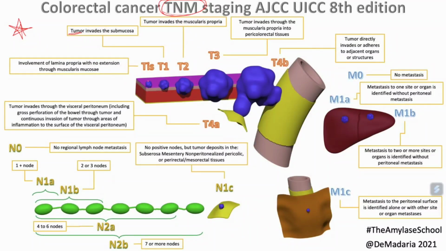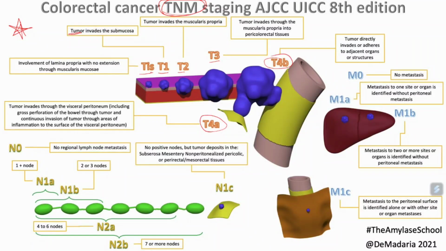Here we have six stages. In TNM, in T, if we see the involvement of tumor, the first stage is TIS, second stage is T1, third stage is T2, fourth stage is T3, fifth stage is T4A, and sixth stage is T4B.